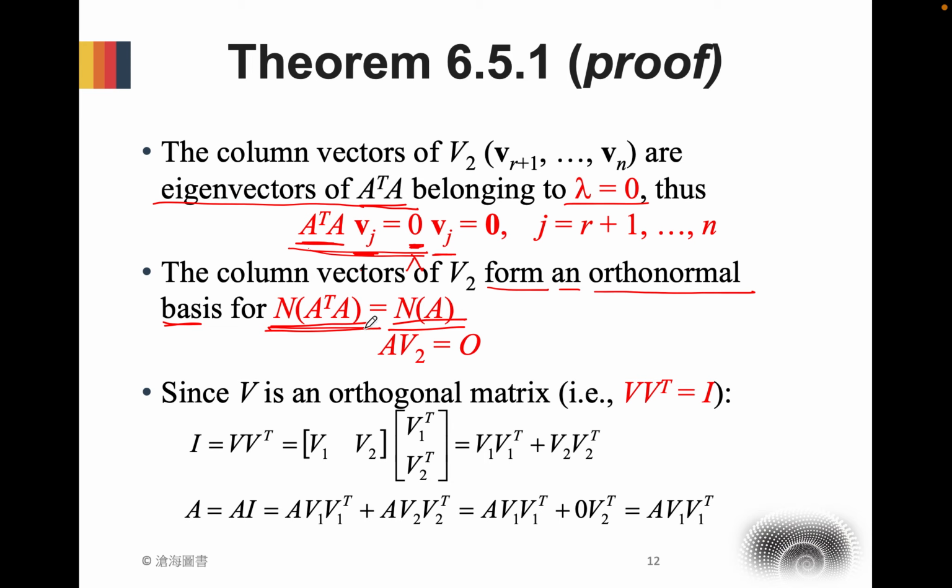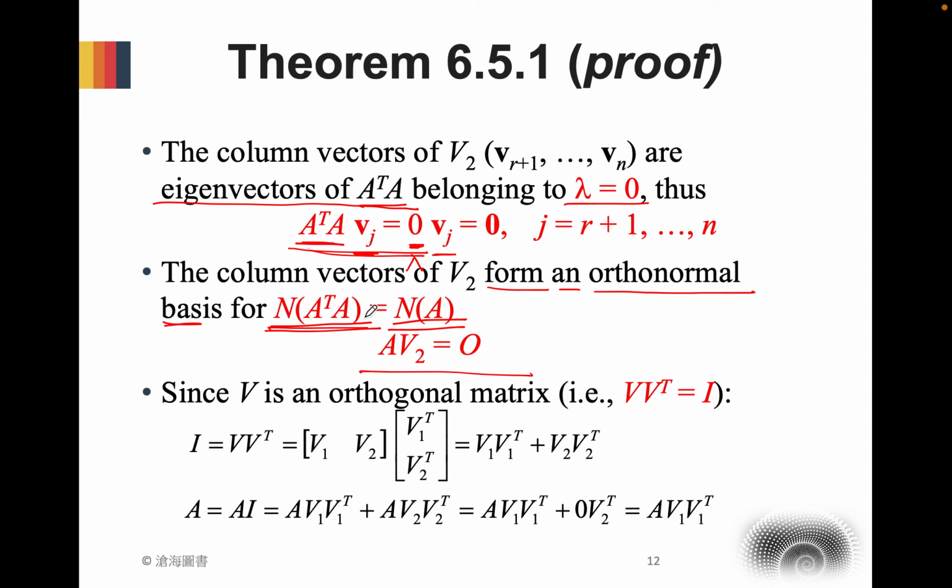The column vectors of V2 form an orthonormal basis for the null space of A, so we can write down A times V2 is equal to the 0 matrix.